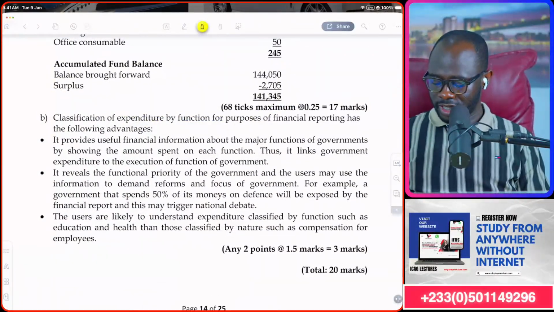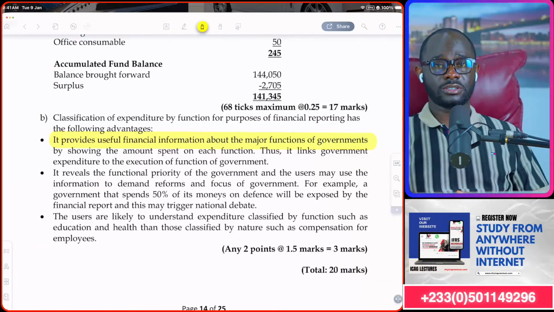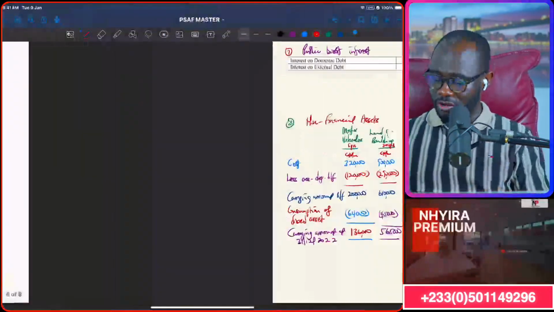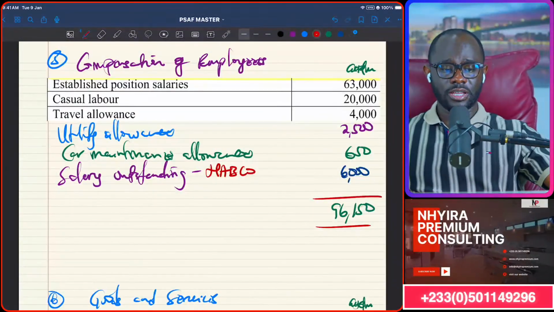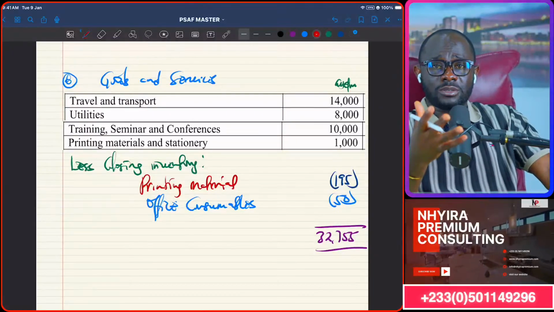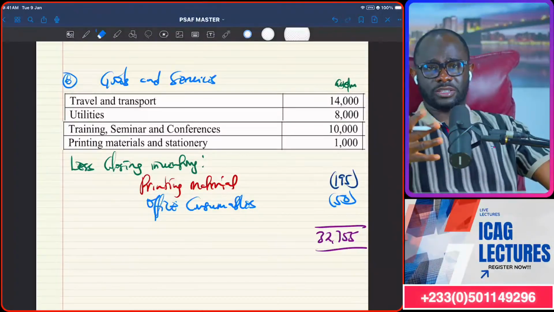One, it provides useful information about the major functions of government. So when I see compensation of employees, okay, I know that is how much money government is paying on employees. When I see goods and services, I'm like, oh, this is how much money government is using to run the machinery of government.